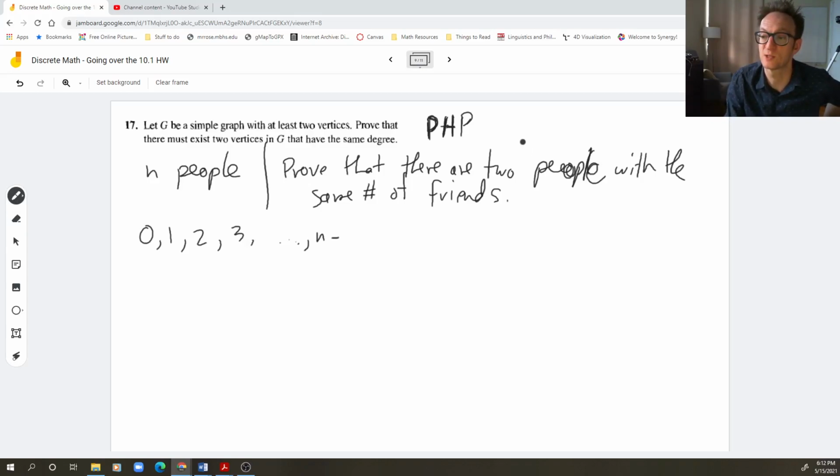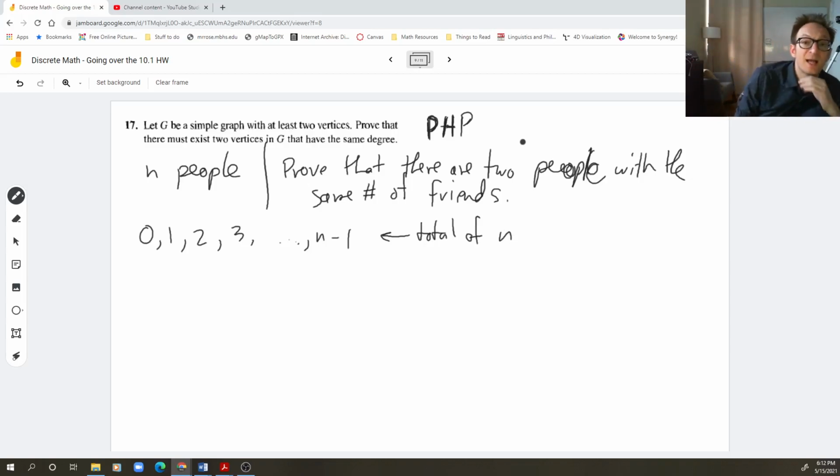So that's n minus 1. So this is a total of n. In other words, there are n possible numbers of friendships you could have. So if there are n people and there are also n different numbers of friendships that you could have, then at first it seems that maybe this is possible.